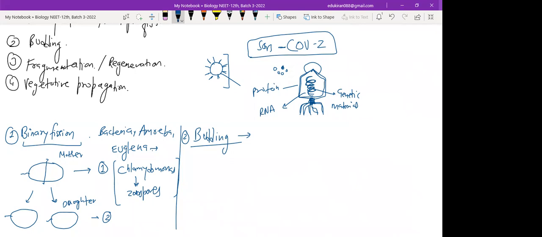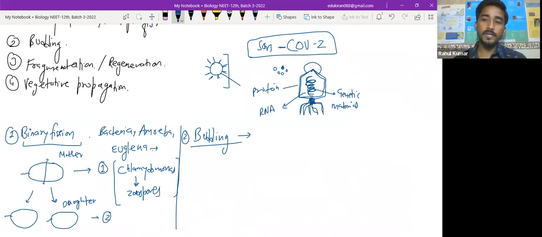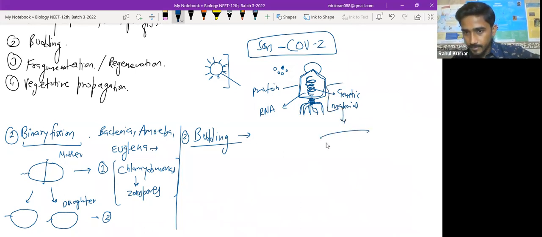Yes, sir. And the more exposure it gets, if over time it starts recognizing your cell and getting inside it, then all it is doing is following biology. It will get inside a cell and there it will multiply. Most of the time, this genetic material has to go inside the host cell, where if it is RNA, then reverse transcription will happen and the RNA will be converted into DNA.